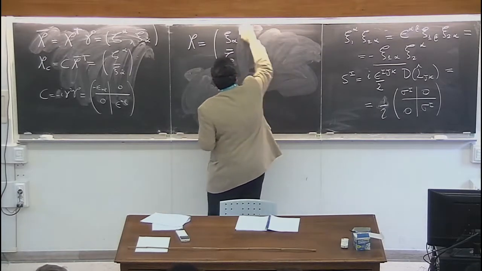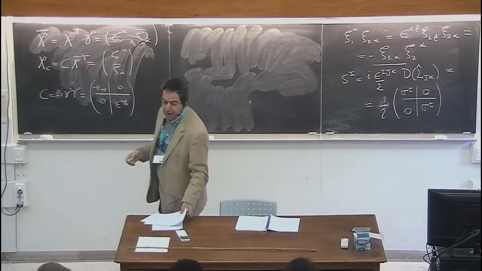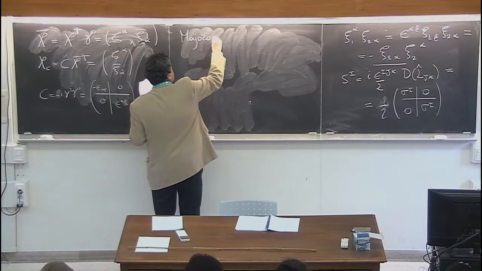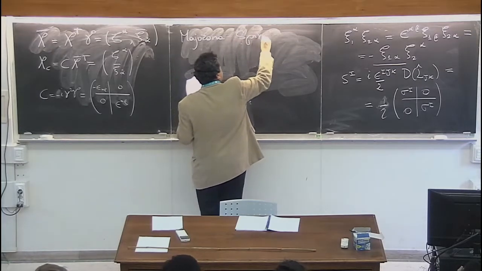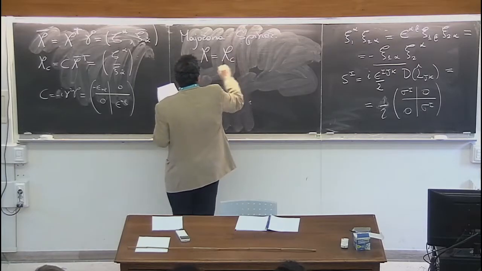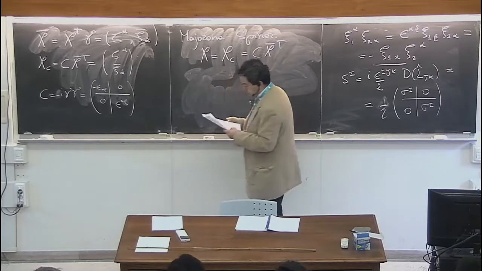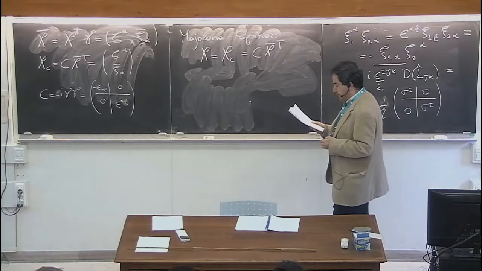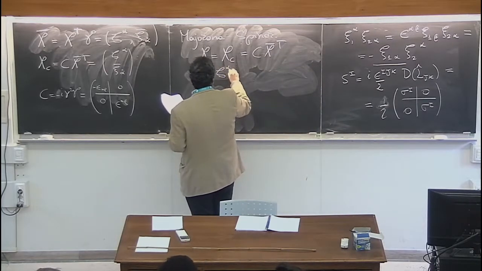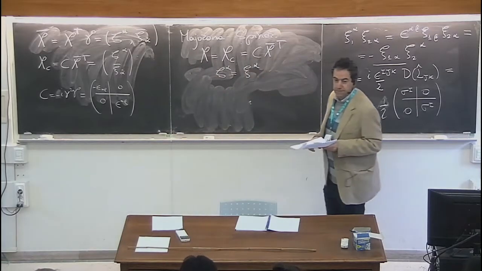Now, a generic spinor is reducible. We can impose the Majorana condition. Majorana in 4 dimensions. A Majorana spinor is a spinor which coincides with its charge conjugate. What does this mean? This means that zeta alpha equals psi alpha.